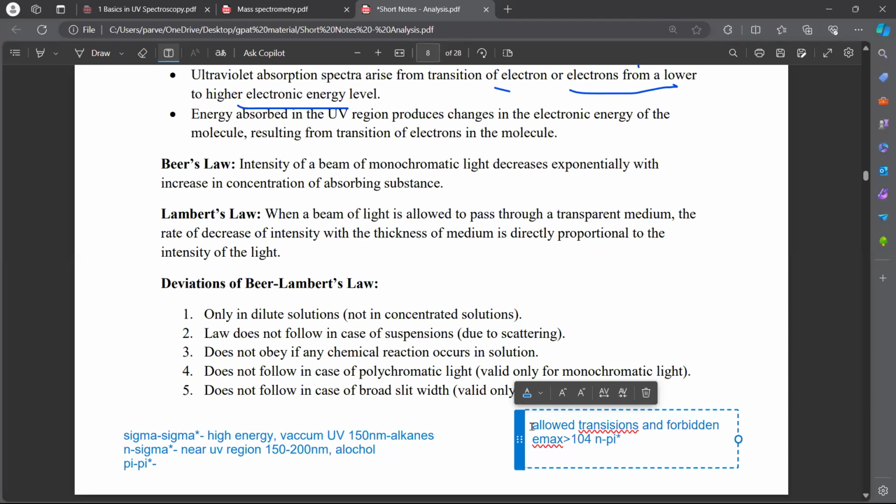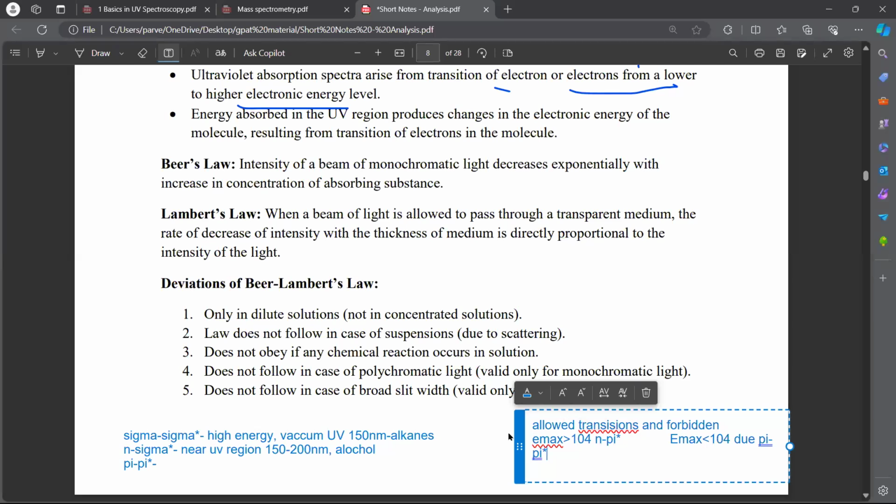While the forbidden transition has an E max of less than 10 to the power of 4, and it mainly occurs due to the n to pi star transition.